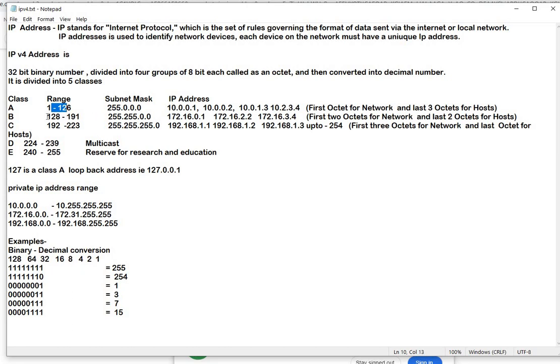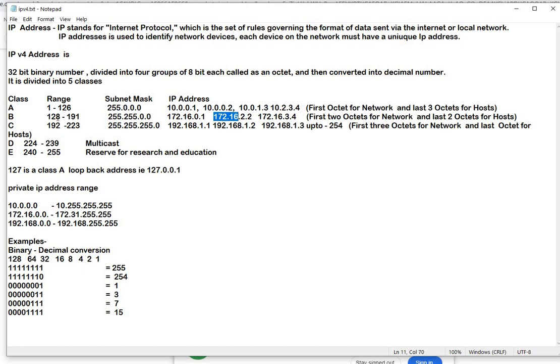Similarly, in class B, the first octet range starts 128 to 191, and the subnet mask is 255.255.0.0. The two 255s in the subnet mask mean the first two octets are the network portion, and the first two octets in the IP address must remain the same to be in the same network.